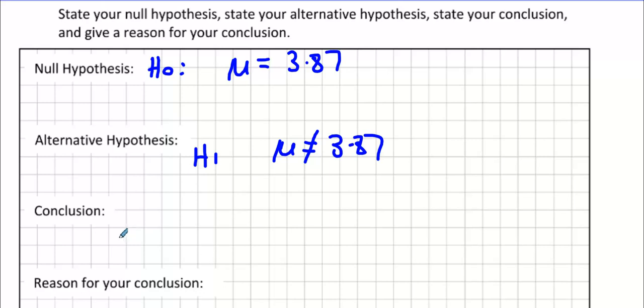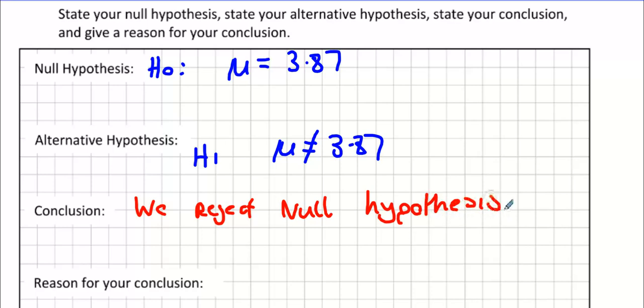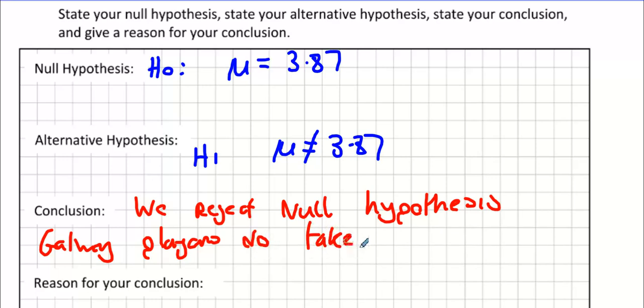So we reject the null hypothesis. We say Galway players do take a different average number of attempts.